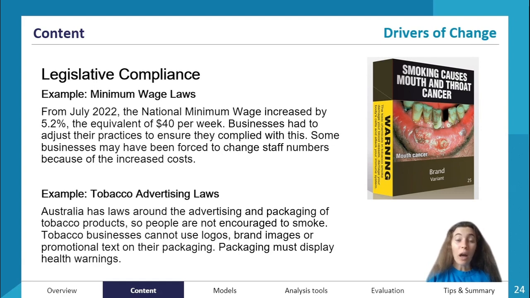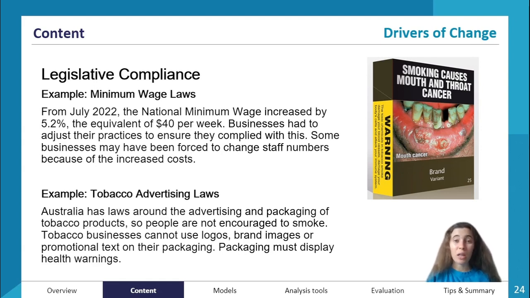In July 2022, the national minimum wage increased by 5.2%, and that was the equivalent of $40 per week. And so businesses had to adjust to make sure that they were complying with that. And that can have lots of different flow ons.